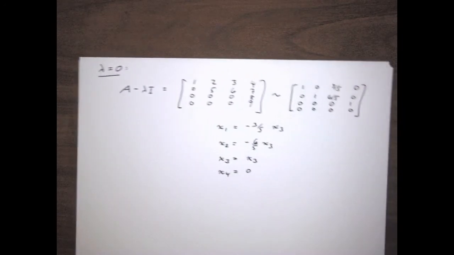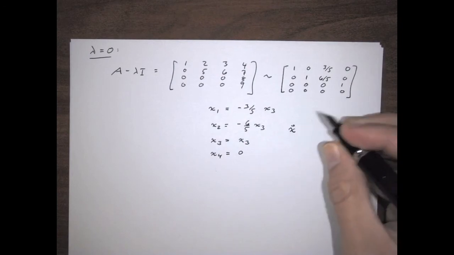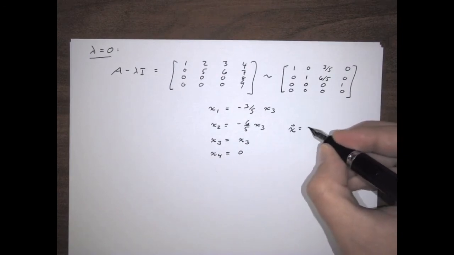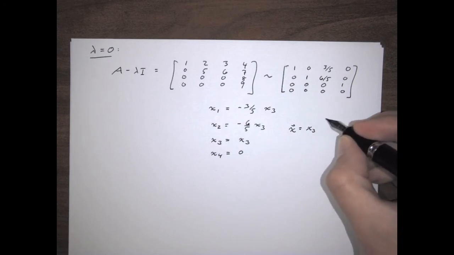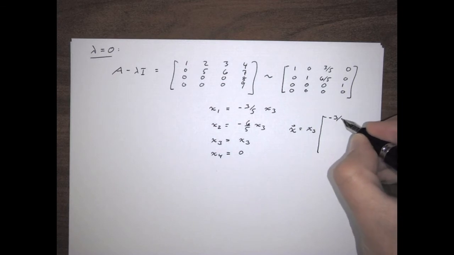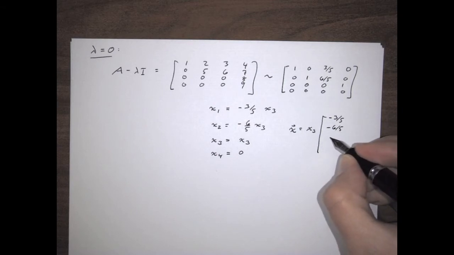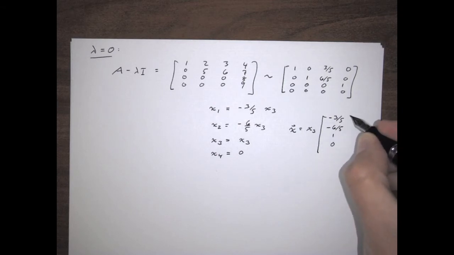So what this means then is that the null space of this matrix is going to look like the things that are parameterized by an x3, and then what we're going to have here is the negative 3/5, negative 6/5. We can have a 1 and we can have a 0.